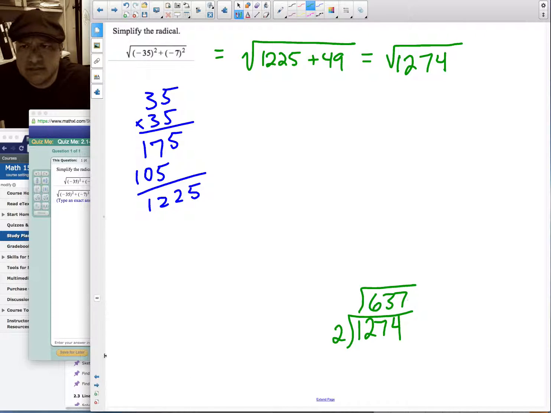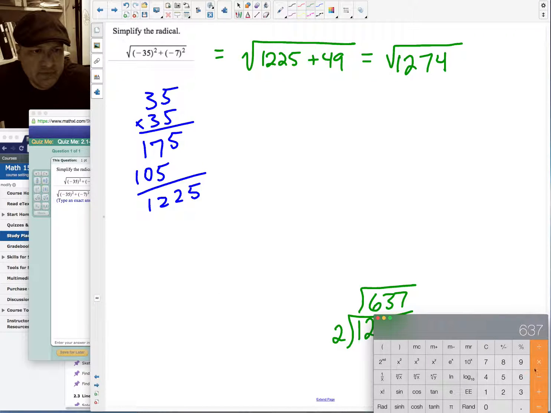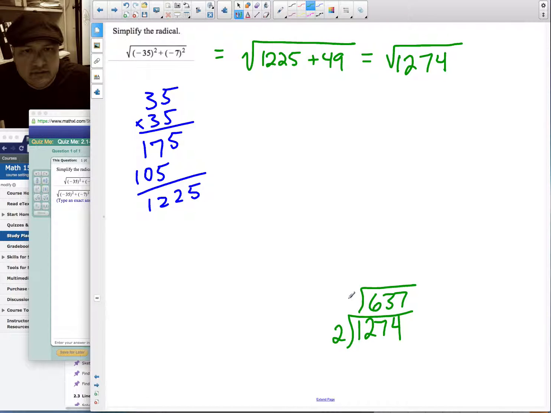Is it divisible by 7? Well, there's only one way to find out. We just tried it, right? So 7. You just try different numbers, and we got 91. 91, is that prime?